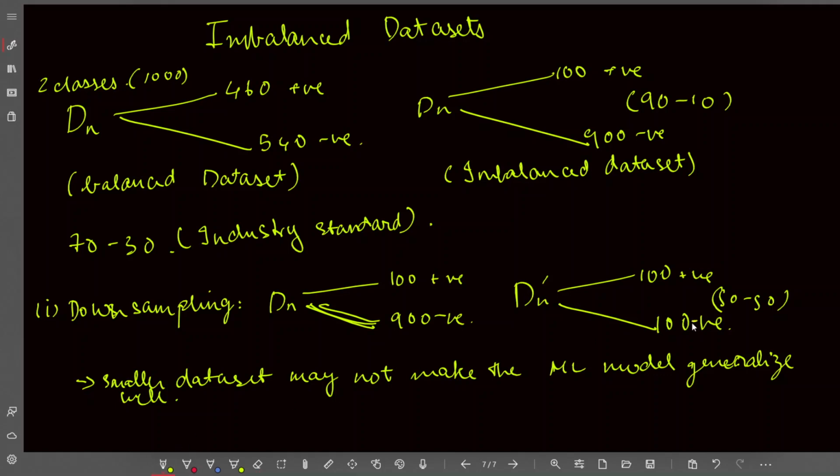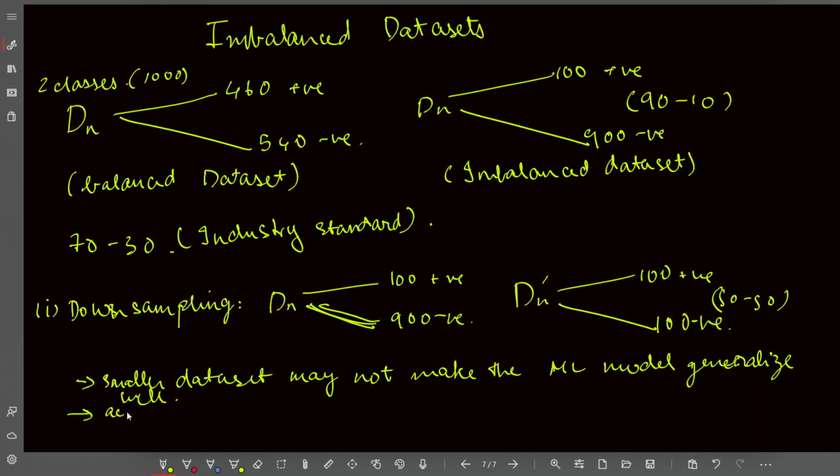The second problem, and the most important one in industry, is that in real life, acquiring data is very, very expensive. It's time consuming, it's arduous, and it costs a lot of money. So you can't just throw away so much data and say, okay, I'll downsample my data and build a model on that.